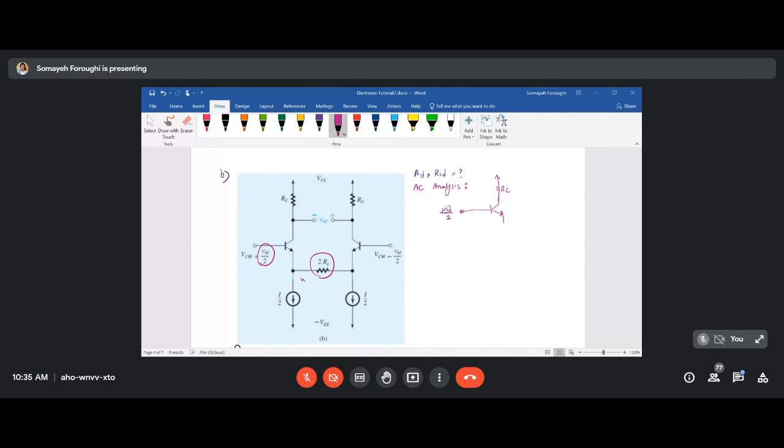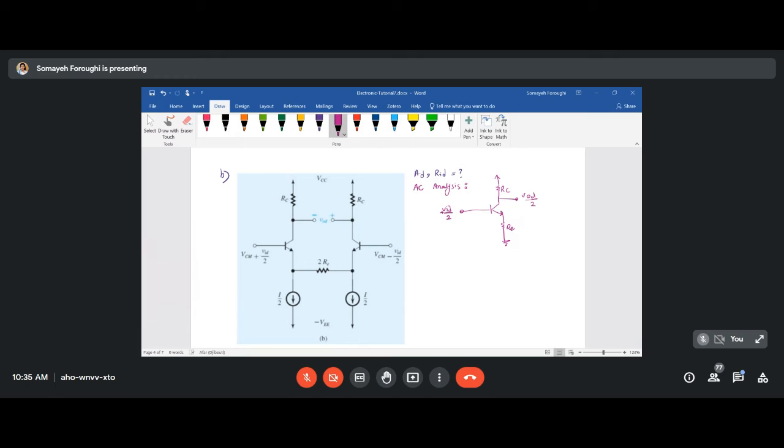It means one RE and another RE. Simply you can separate it and have a capital RE here as well going to 0, because all these current sources are open circuit for now. Okay, so this is only your half circuit, and here will also be your VOD over 2. But we don't need it for now.